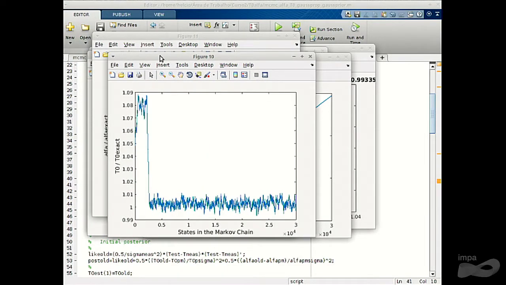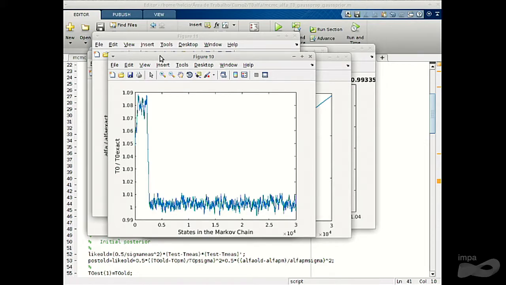From these examples, we have seen that we have to be very careful, both in prescribing the prior and in how we select the proposal distribution.